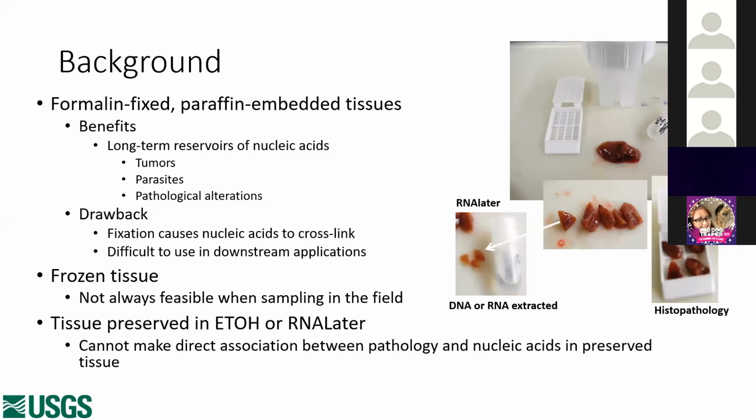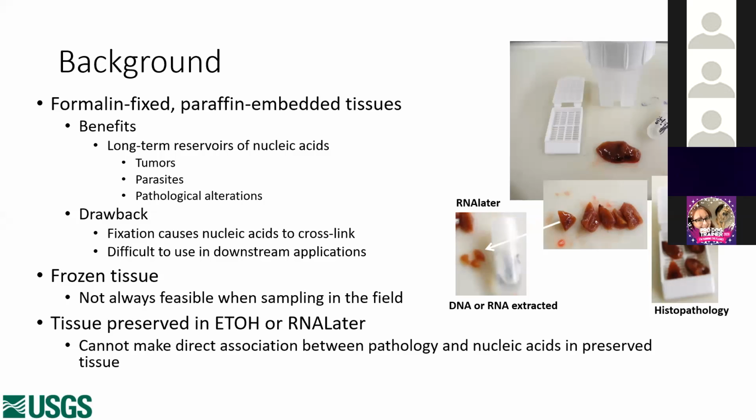So to provide a little bit of background, in our lab we have a lot of formalin fixed and paraffin embedded tissues, FFPE tissues. The benefits of having these is that they are archived samples of different types of nucleic acids from tumors, parasites, or different pathology associated with disease.